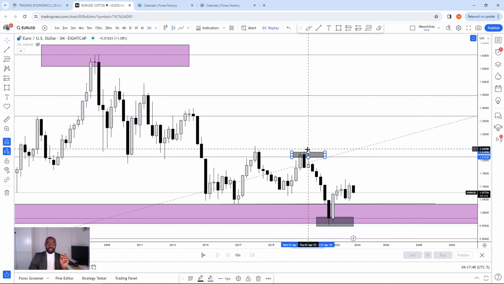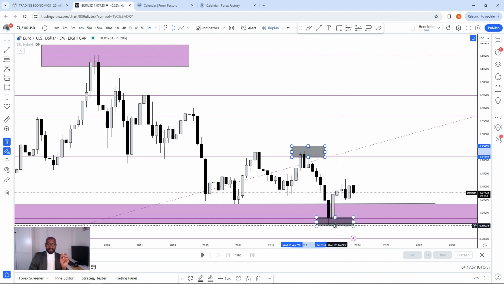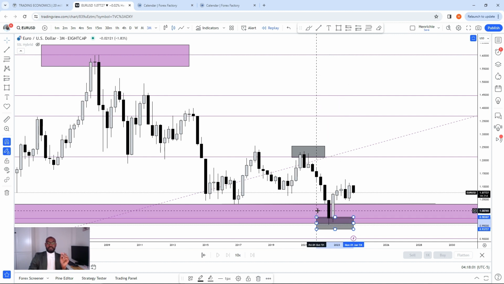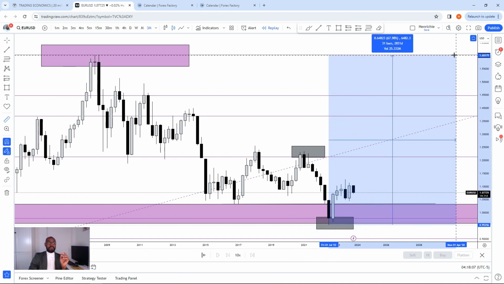Nobody knows that information. If the hedge funds knew that price was going to rally above this place, they would put every single penny they have into a buy position right here, because they would make more than any hedge fund in the whole world, because this is going to be about 6,000 pips.